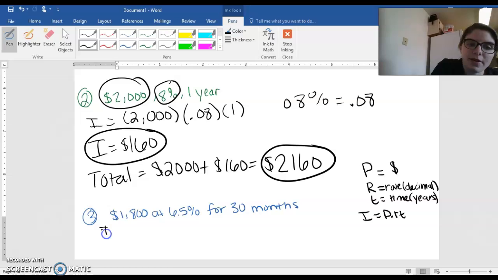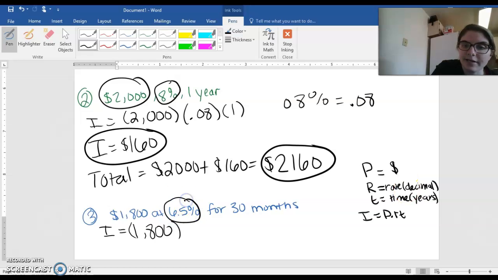So again, I'm going to put I equals, and then I have 1,800 times the rate as a decimal. So here's my rate right here. So I have 6.5%. Move the decimal 2 times, 1, 2. So that'll give me 0.065.